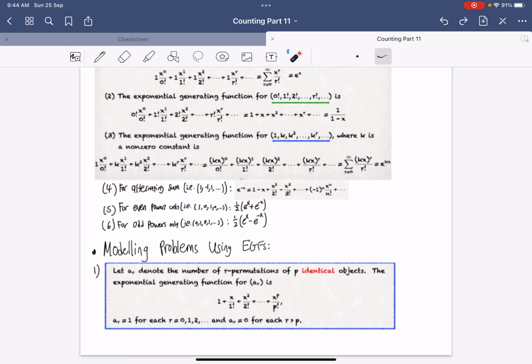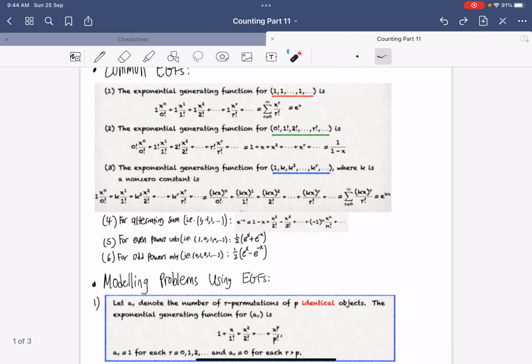Now, if we want an alternating sum with 1, minus 1, 1, then it's just e to the power minus x. If we want the even power terms only, meaning we want to kill off the odd ones, we take this e to the power minus x and add it to the original. So this minus x will cancel out with this plus x.